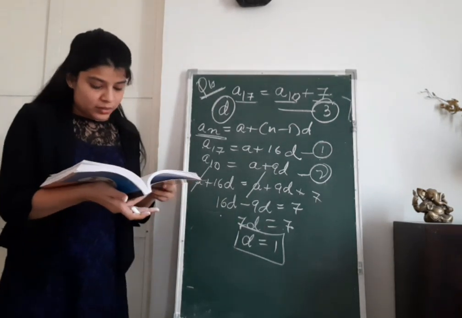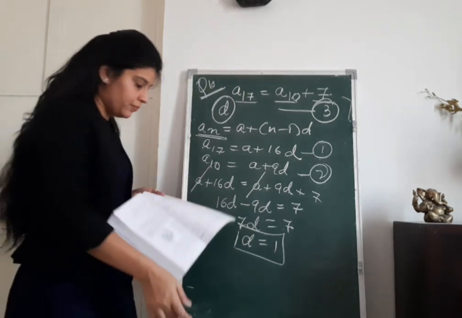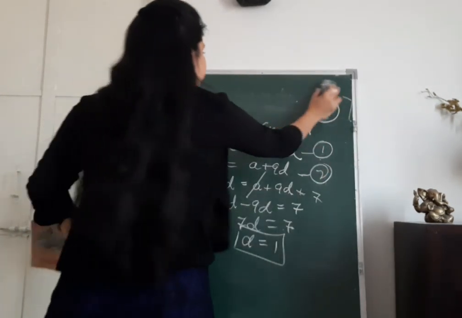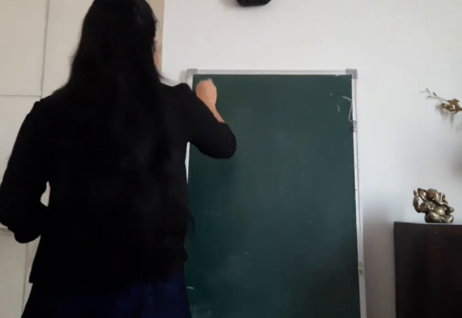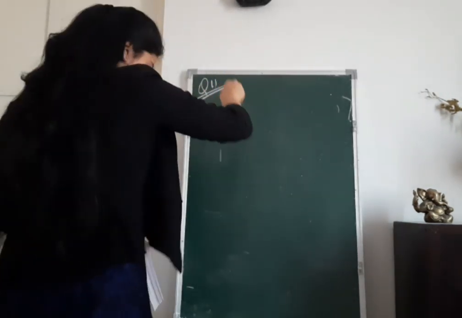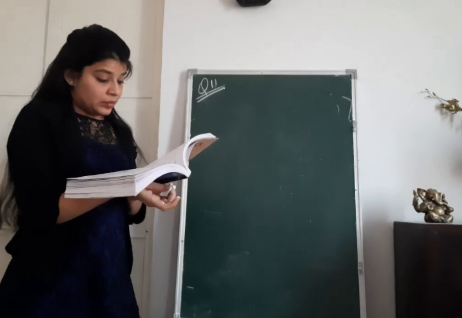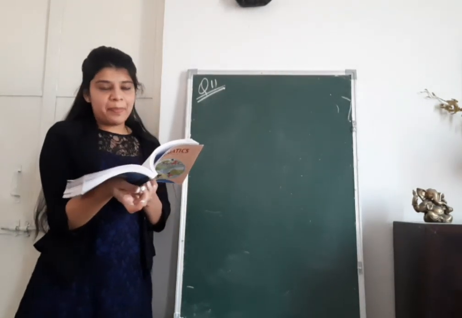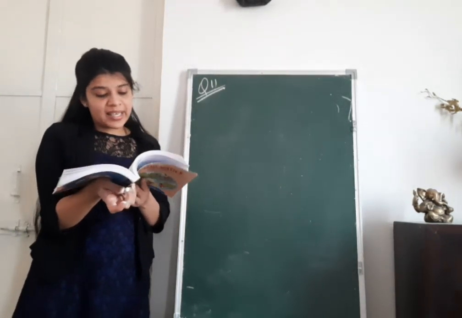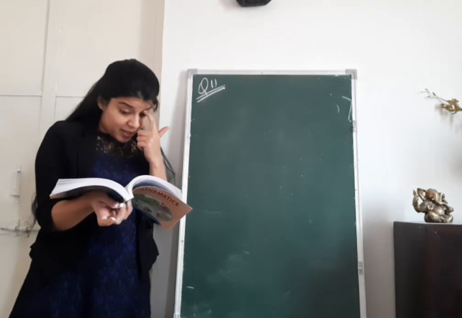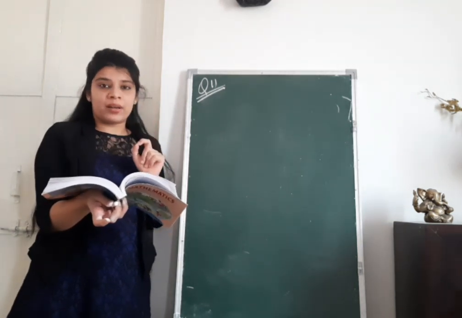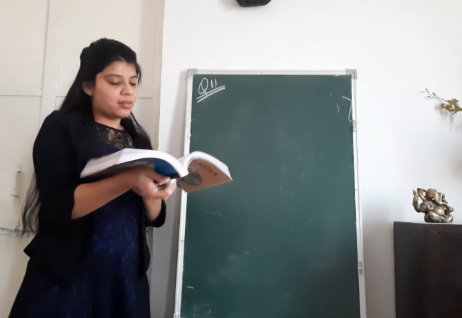Let's move on to the 11th question. Which term of the AP 3, 15, 27, 39 will be 132 more than its 54th term?